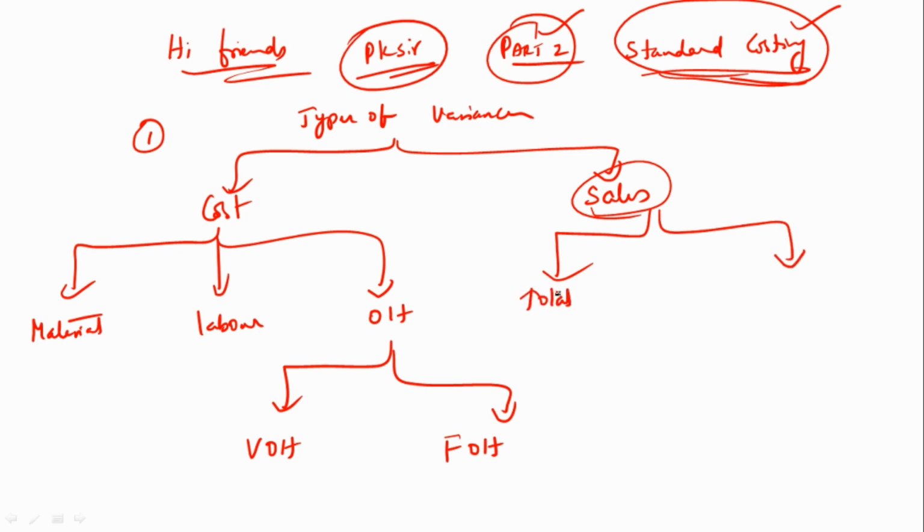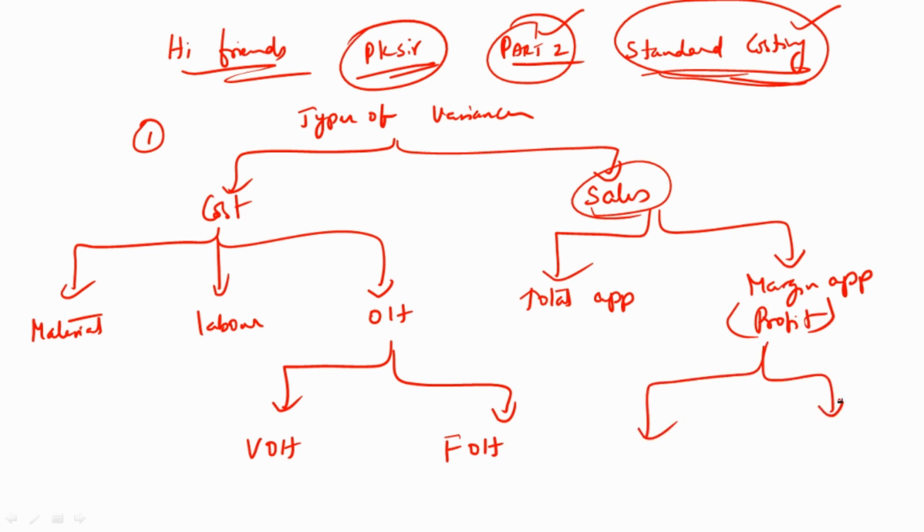One is total approach and the other one is margin approach. You can call it margin approach, or you can also call it profit approach. Now again, profit approach or margin approach will be further classified into two. One is as per absorption costing system, and the other one is as per marginal costing system. You got the point?